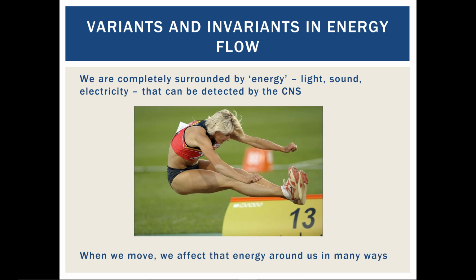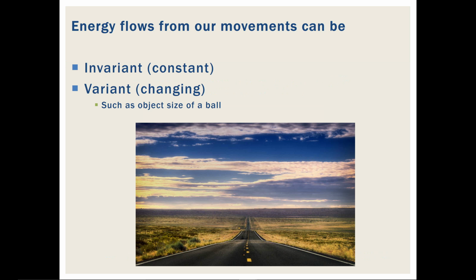So those energy flows around us, visual, auditory, sensory information, because we move about in space, can be invariant, or constant, or variant, or changing. A good example is imagining driving down this road.